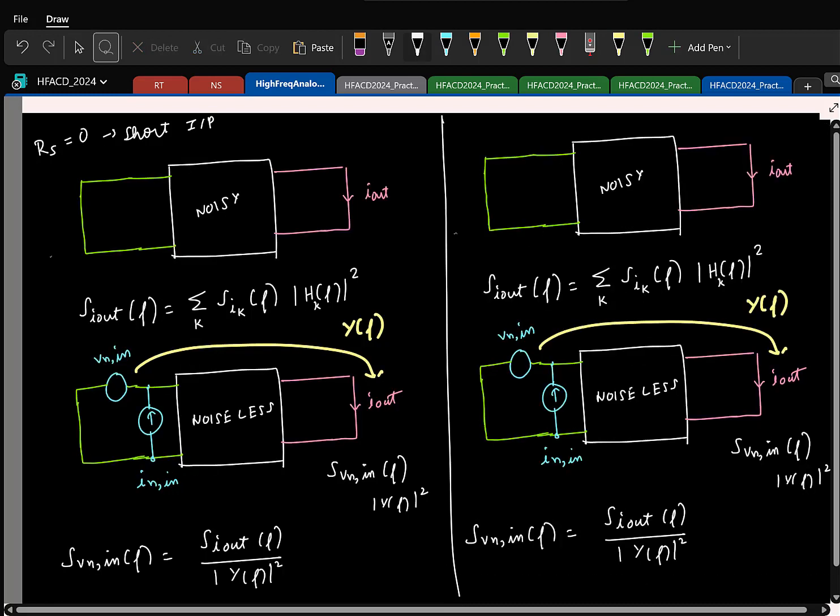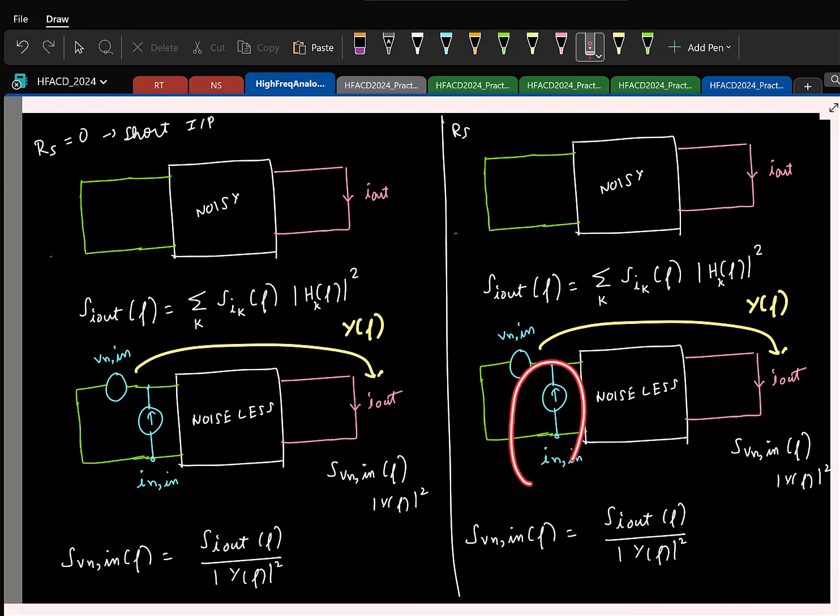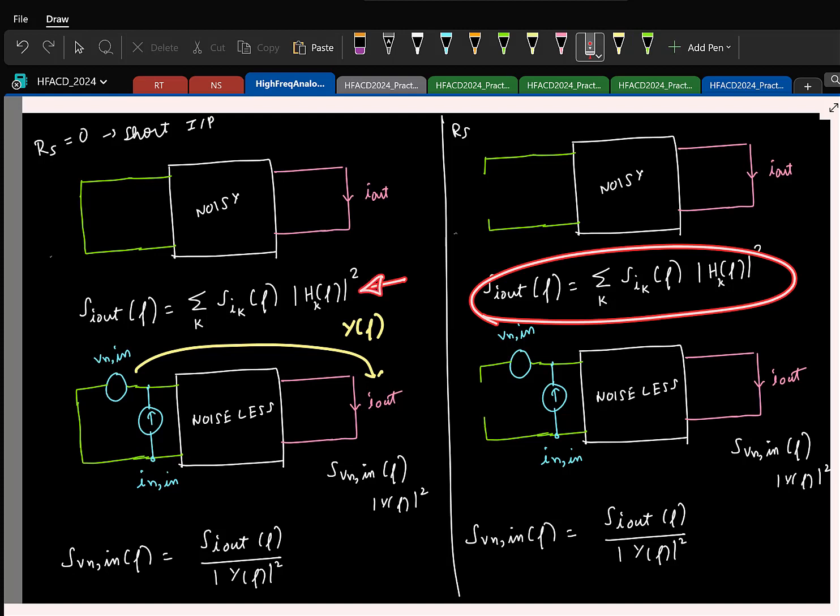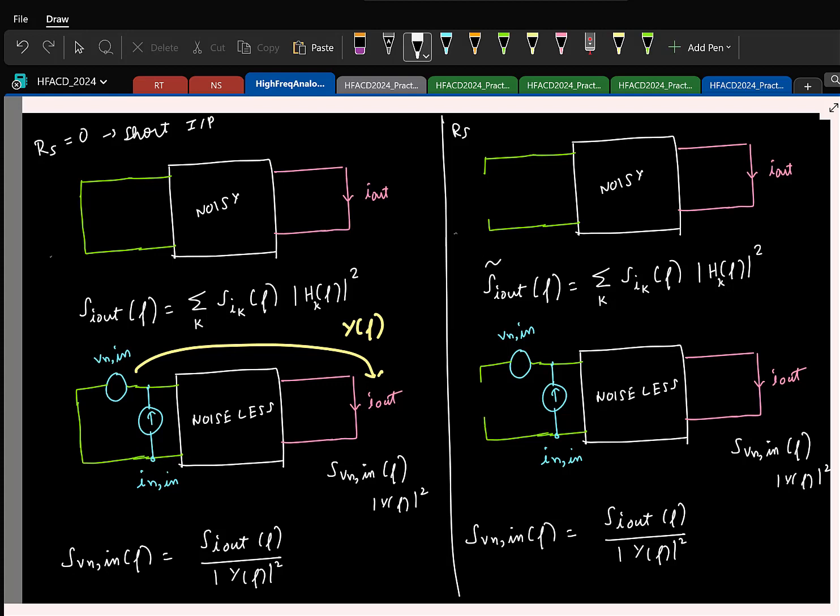So here, what should I do to RS to make sure that all the noise is coming only due to the current? Infinite. So I'll open this now. If I do this, I'll find some S I out of f. Again, that need not be the same as what you had here. That could be something different, so maybe I'll call it S tilde or something.